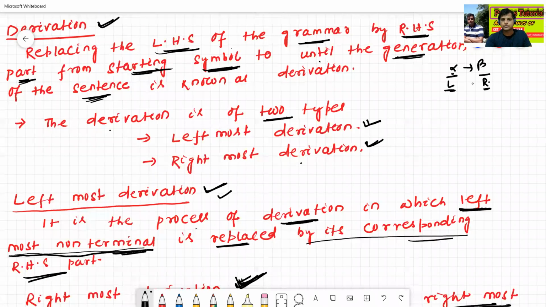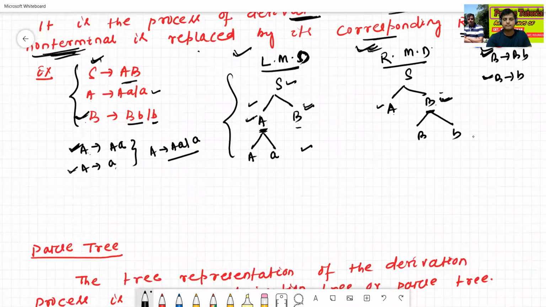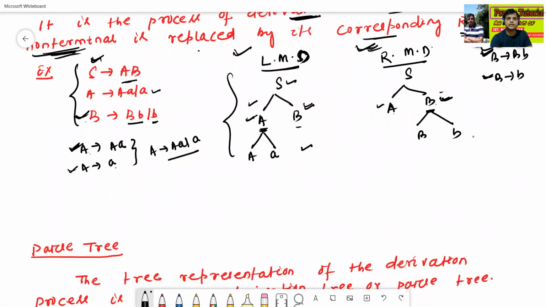Let the starting symbol be S → AB, and let the sentence be ab.